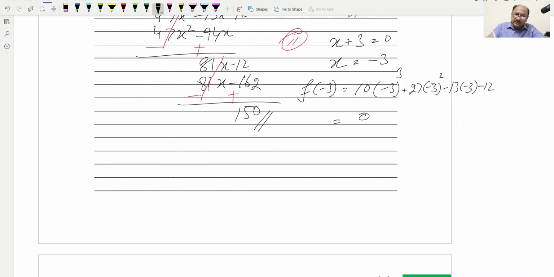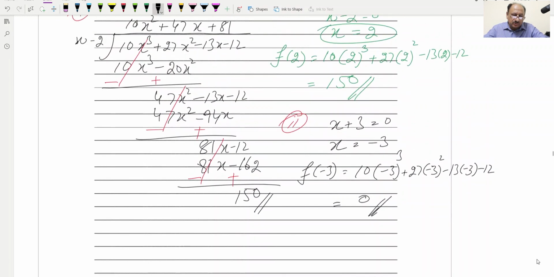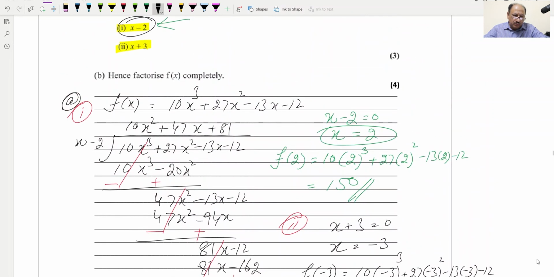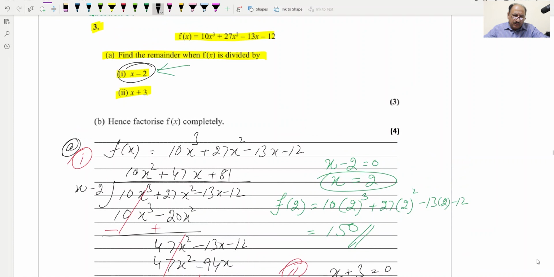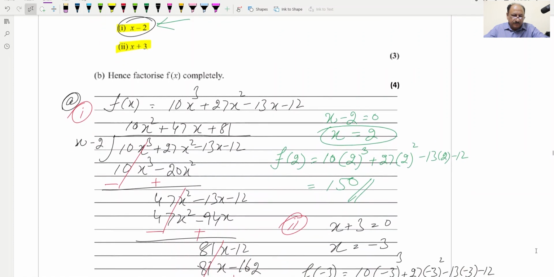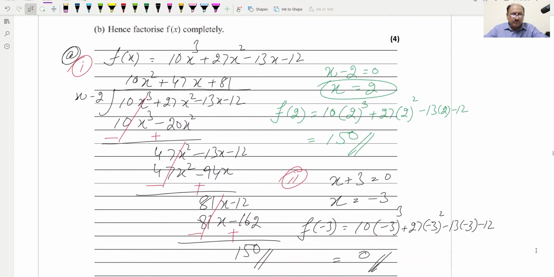We can see by the factor theorem that this is divisible, so the remainder is basically 0. This is what we have to show, and hence factorize f of x completely.